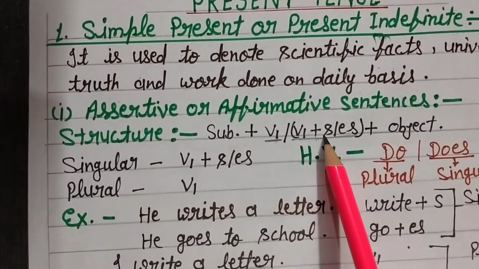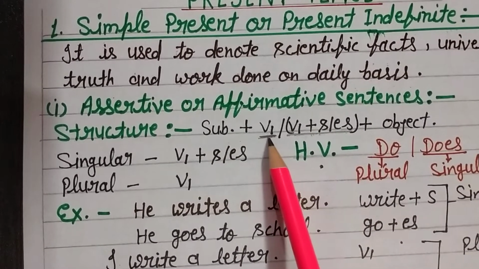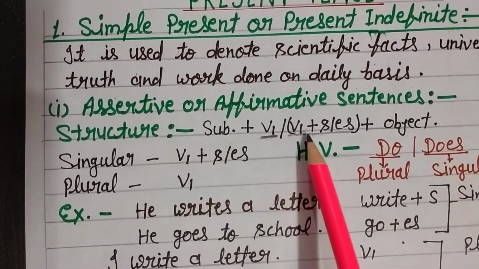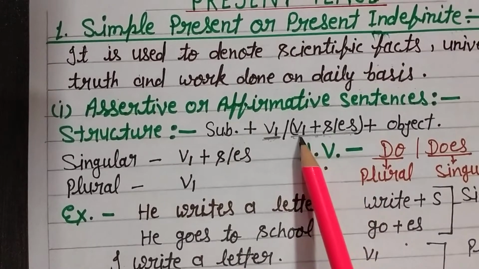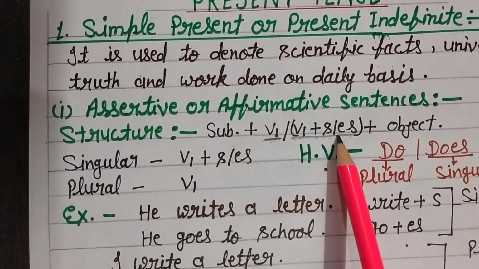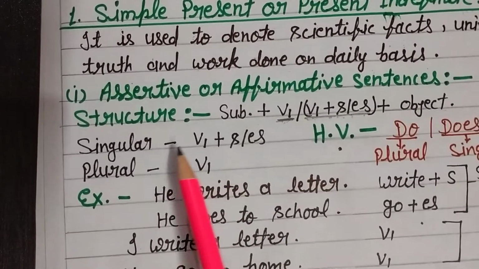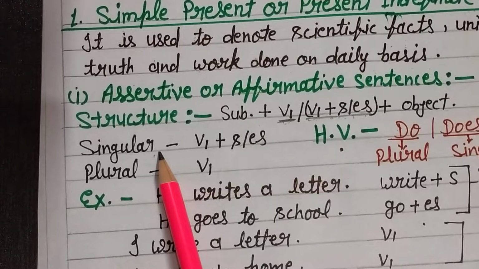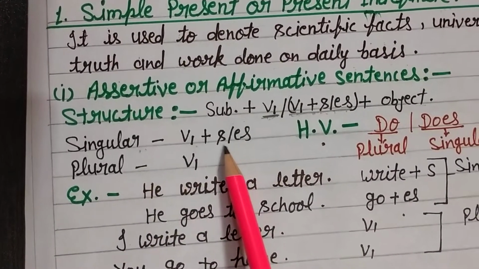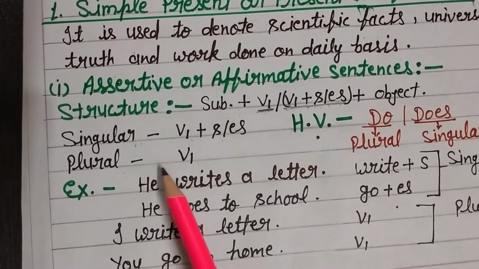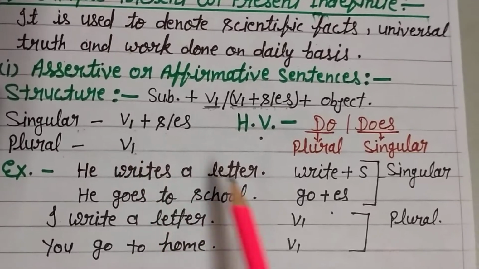This is the most important fact. So here you can see, with singular number or subject we use verb's first form with s or es. With plural number or noun we use only verb's first form. We do not use s or es here.